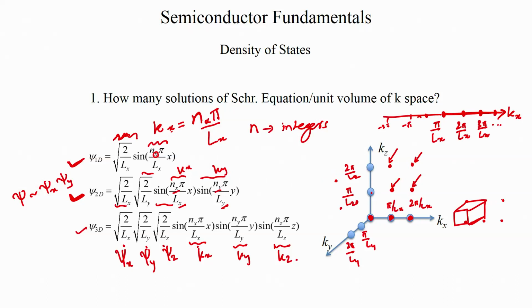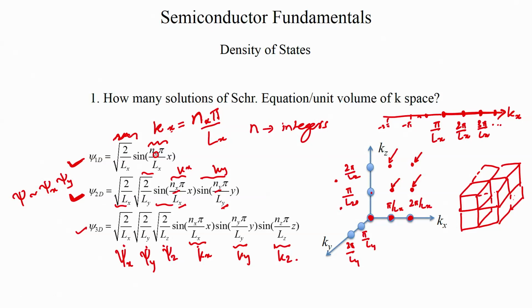Let me just draw it better. So you will have these little cuboids, and the vertices of these cuboids are essentially the solutions to Schrodinger's equation. You will have 4 of them sitting right in front, and you could imagine 4 at the back.